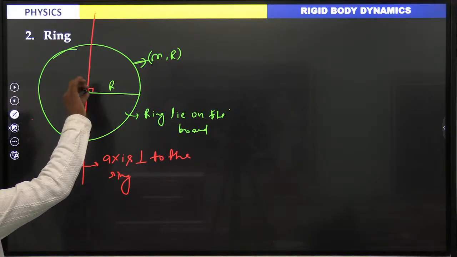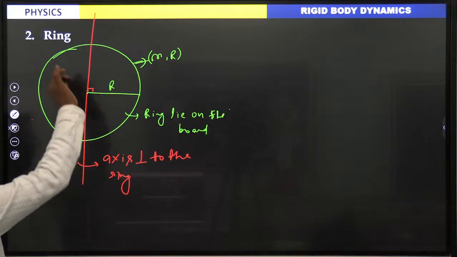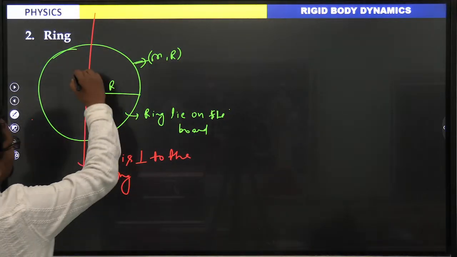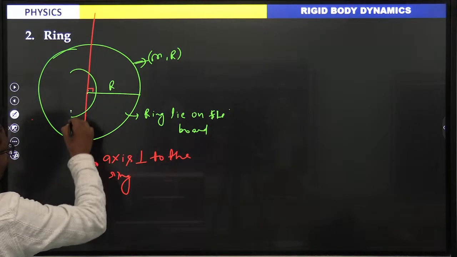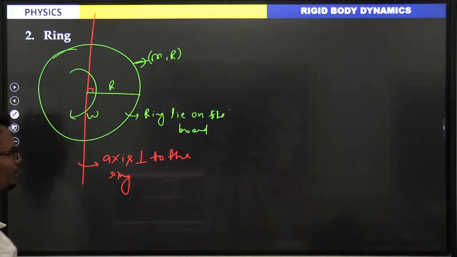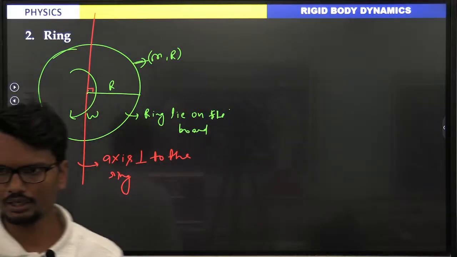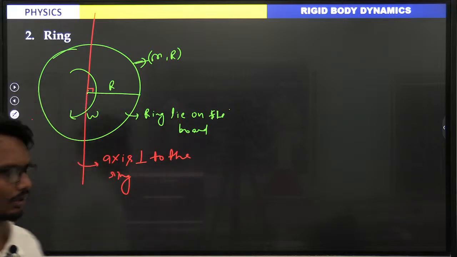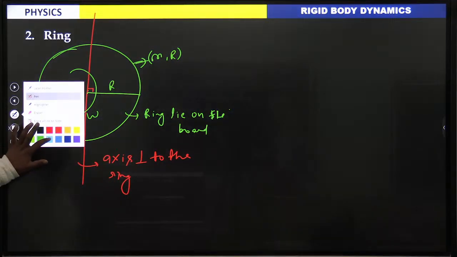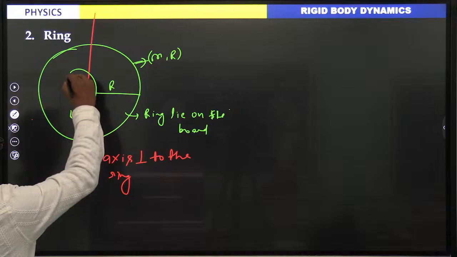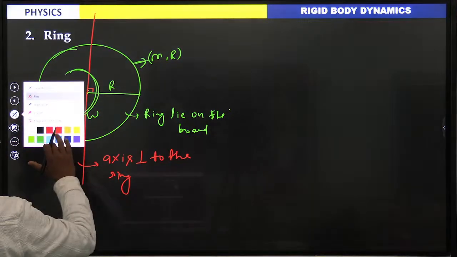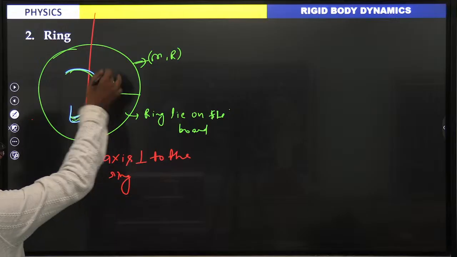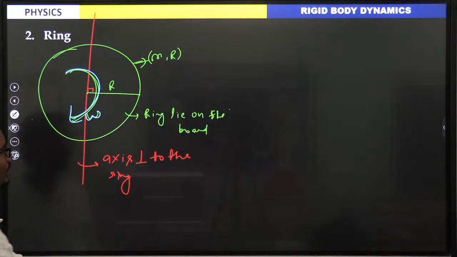Clear? This is the plane and this is the axis. If the ring is moving clockwise or anti-clockwise, we need to find the moment of inertia of this ring about the given axis. The ring is moving in this way about this red axis.